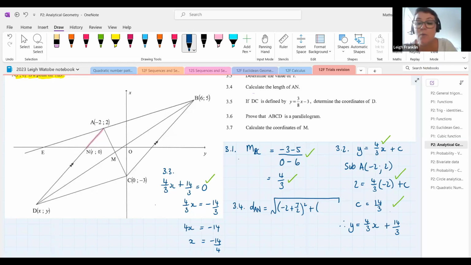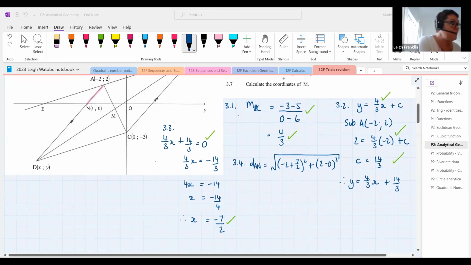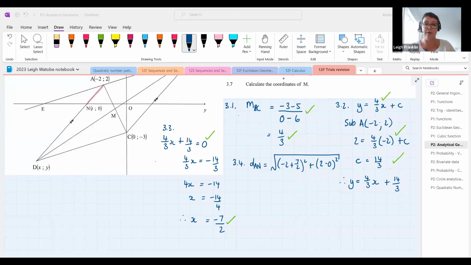Then for my y's, I'm going to start with 2 and say 2 minus 0 squared. Sorry, it's a little bit squashed up there. I hope everybody can see what's going on. Whether you use 7 over 2 or 3.5, it's not going to matter. Let's work out the distance of AN.